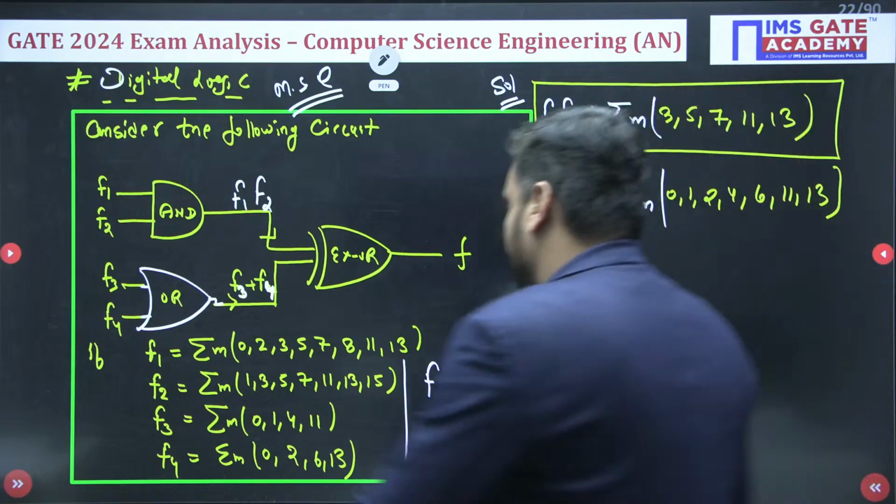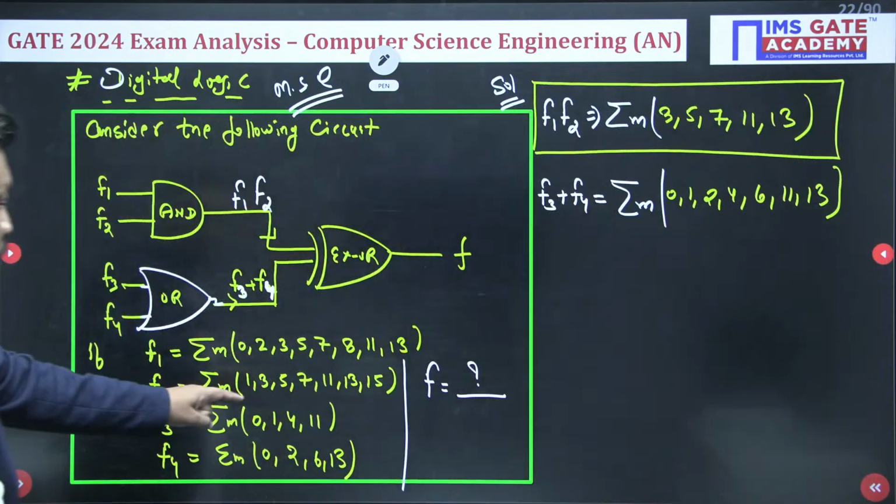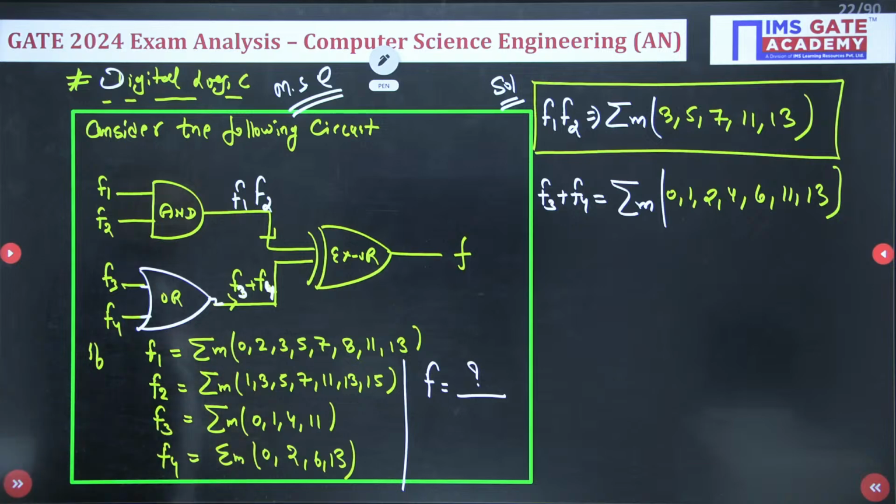Just confirm this: 0, 1, 2, 4, 6, 11, 13. Just confirm the data I have: 0, 2, 6, 13, yes. So 0, 1, 2, 4, 6, 11, 13, we are matching with the data, and 3, 5, 7, 11, 13, yes.